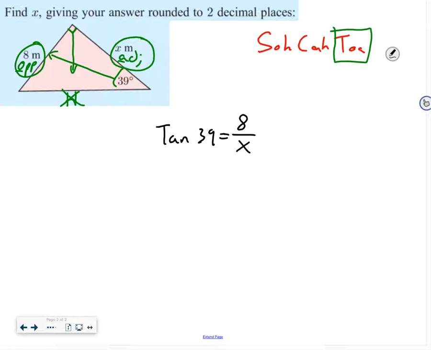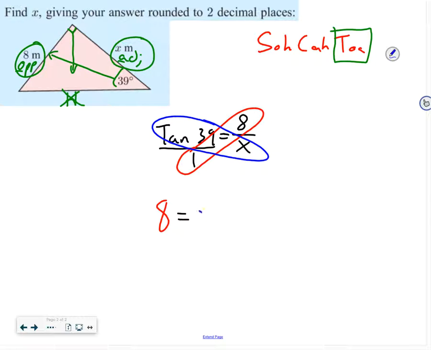Remember, to solve this, I'm going to put this over 1, and I'm going to cross multiply. So here I do 1 times 8, and I get 8. This is equal to the cross multiplication here of x times the tangent of 39.